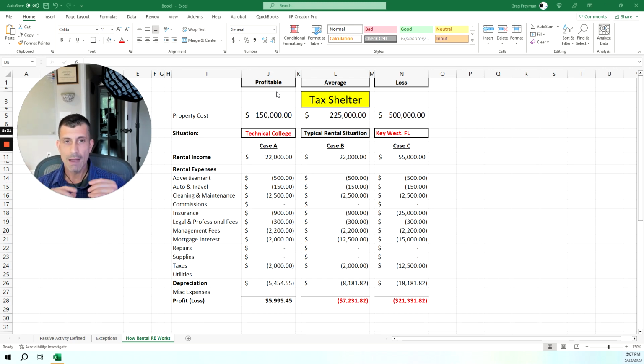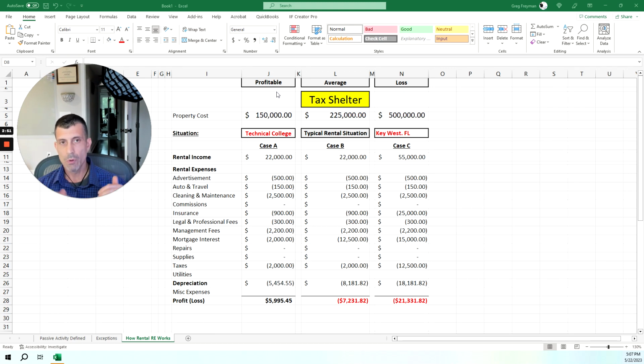Your average individual goes out and buys a rental property, and they're in the business as a landlord now, collecting money from their tenants. We have three different scenarios here, and each column represents one rental property.